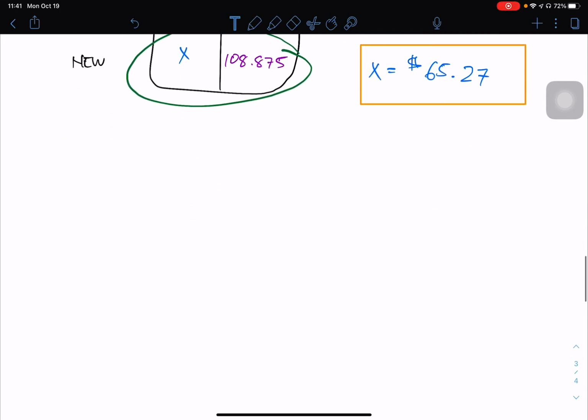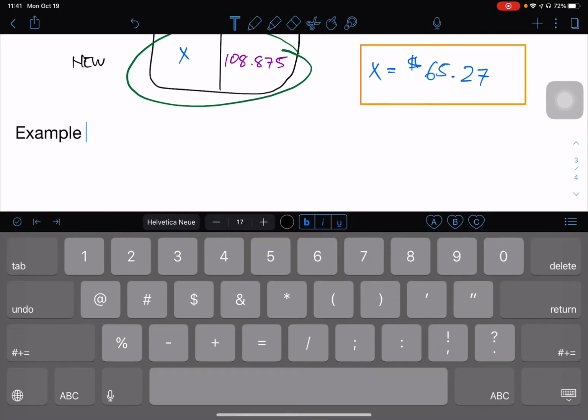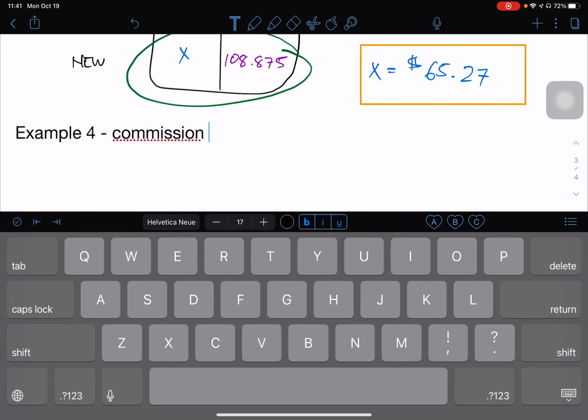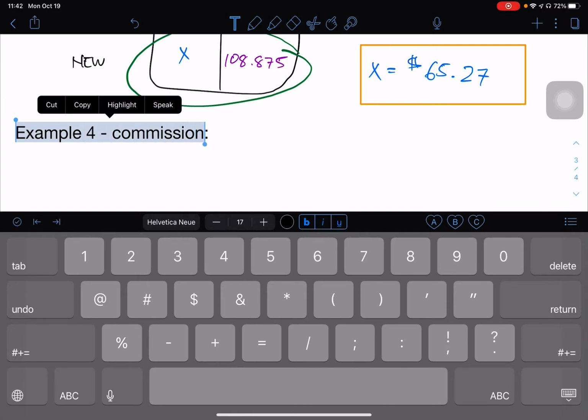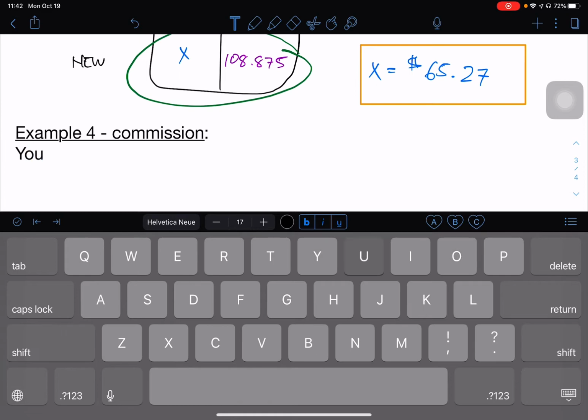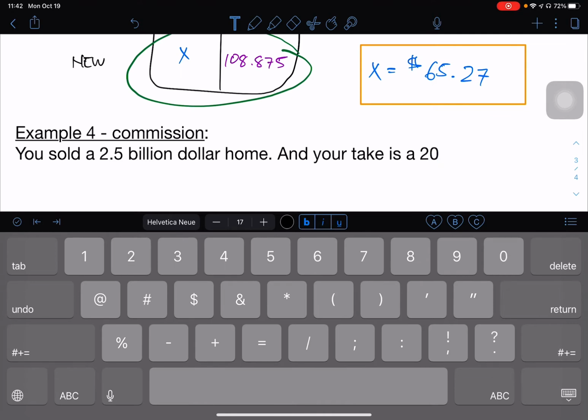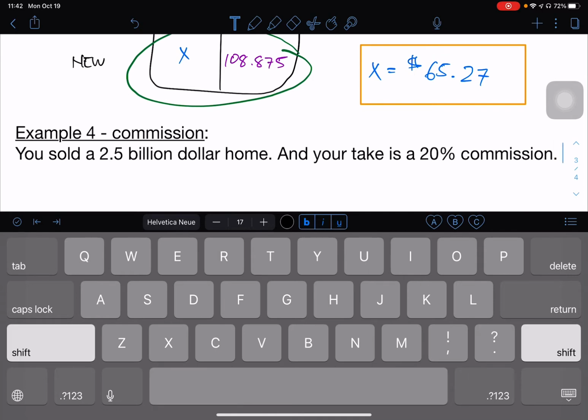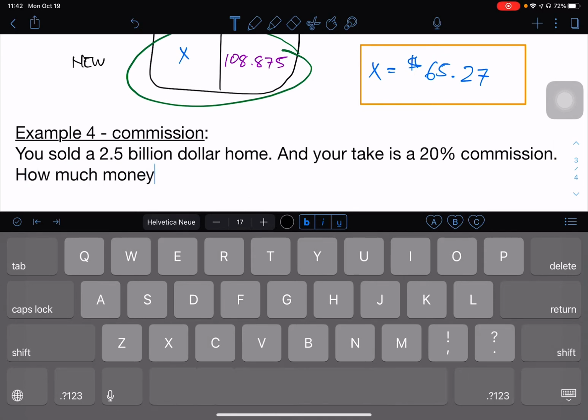So if I did example 4 the same way, and we'll call this a commission, let's say you sold a $2.5 billion home, and your take is a 20% commission. How much money did you make?